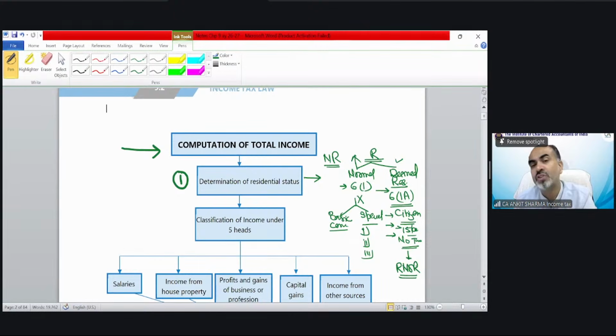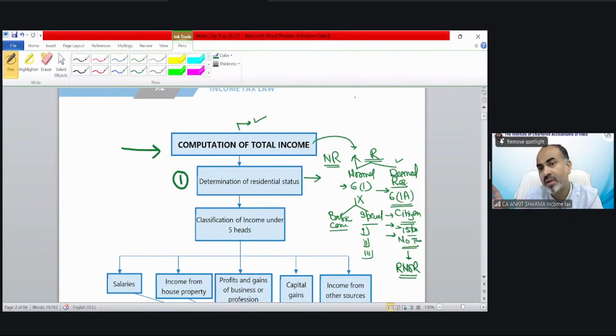So in a computation of total income question, first of all, you might need to calculate the residential status of that assessee. And on the basis of that, you can decide which income is going to be taxed in his hand or not.